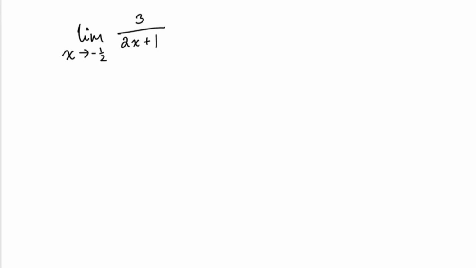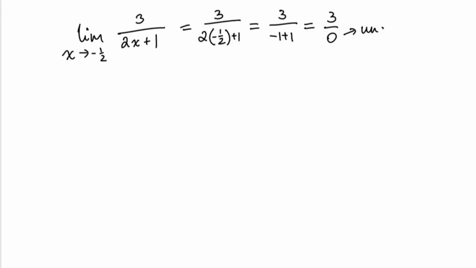For example, if I try to find the limit of 3 over 2x plus 1 as x approaches negative 1 over 2, and I try subbing in the value of x into this function as is, I'm going to end up with 3 over negative 1 plus 1, which is 3 over 0. It's undefined.